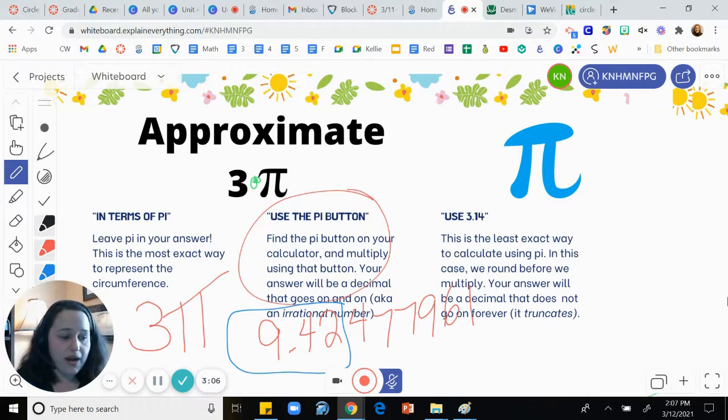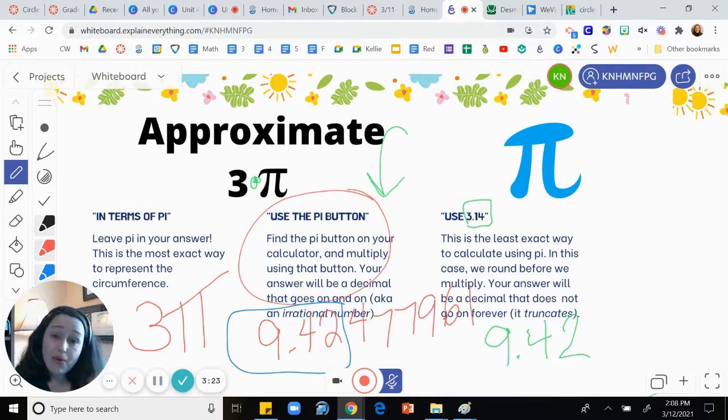So if we're approximating by rounding before we multiply, we'll take 3 times 3.14, and this gives us an answer that's already rounded. So notice it gives us 9.42, which is what we decided to round this to anyway. So sometimes 3.14 is helpful to round to, but other times you might need more digits, and we'll talk about when and why as we move on.